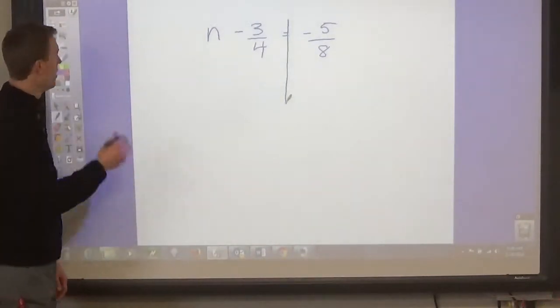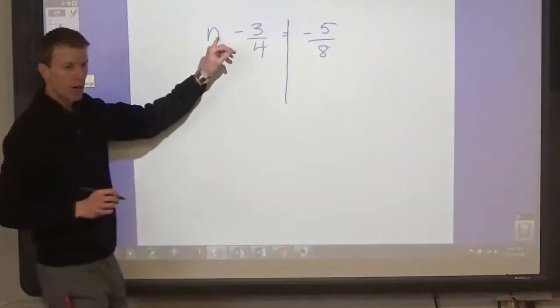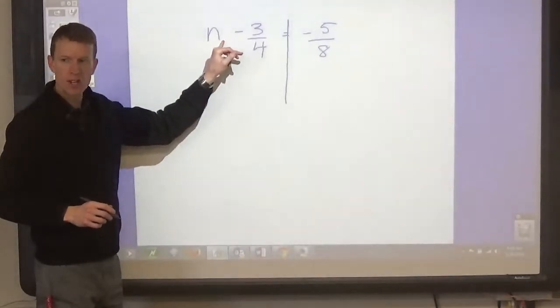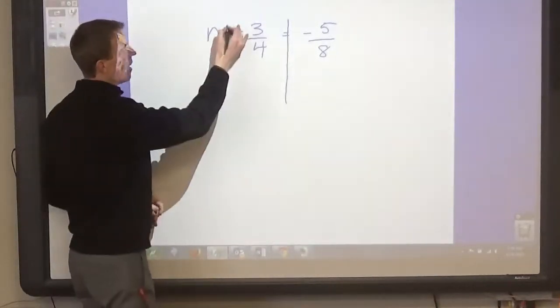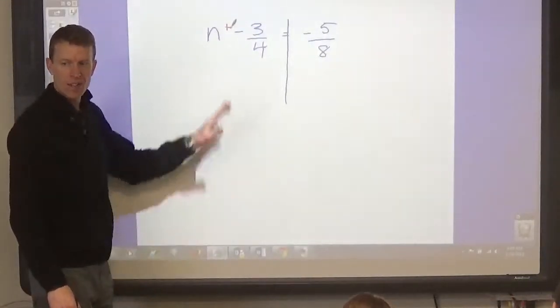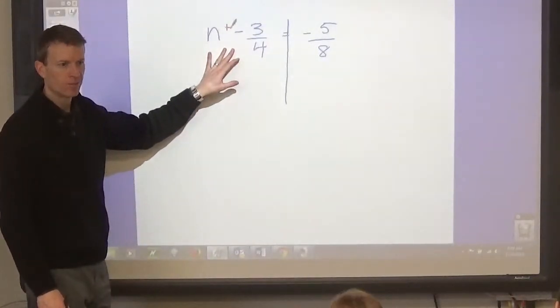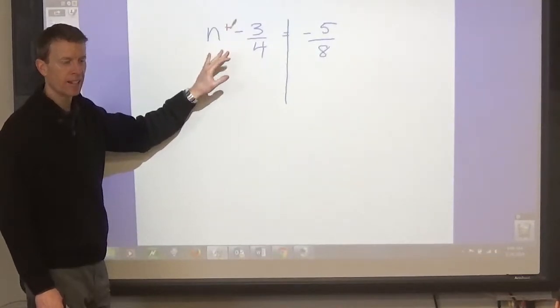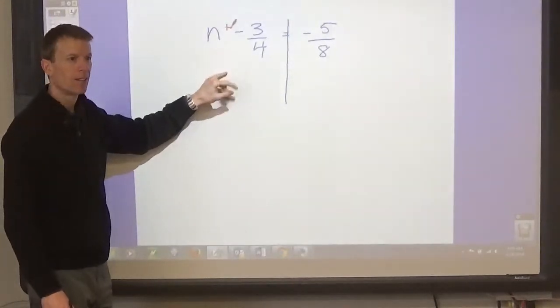Okay? Now, this is a subtraction problem. You have to insert a plus sign. Make sure you do that. Insert a plus sign. Now, start on the side with the variable. And what should we add, Katie? What should we add? Good.